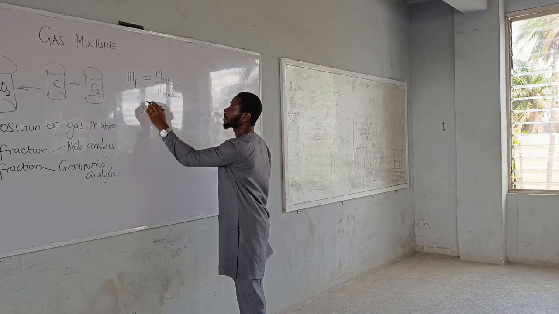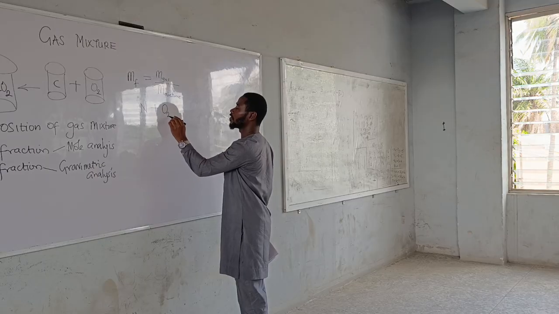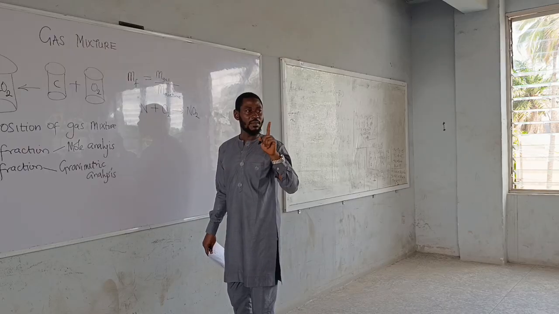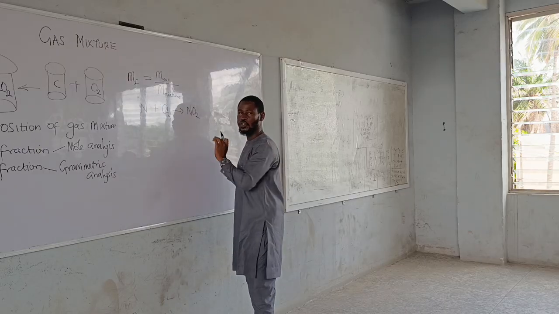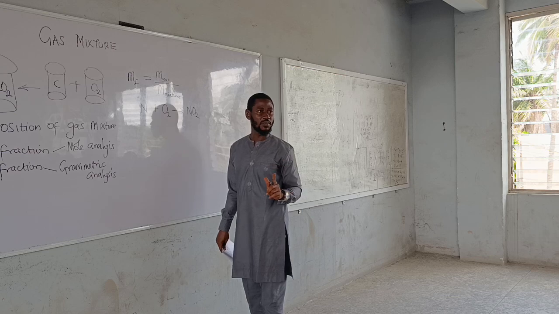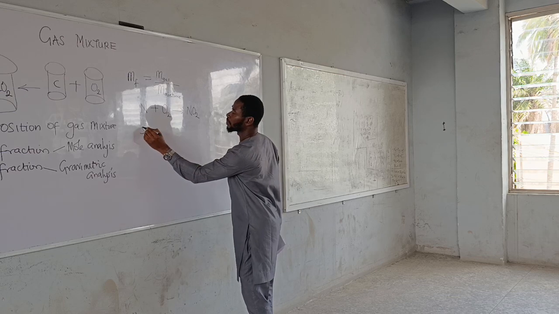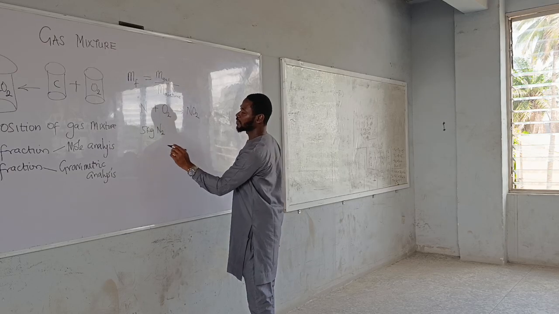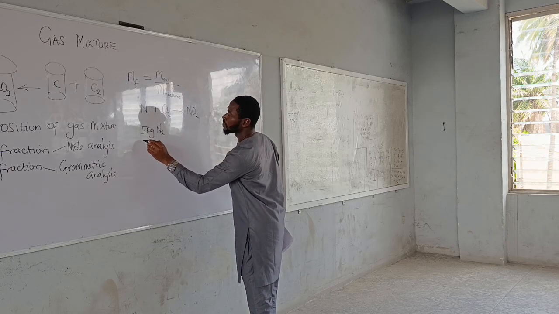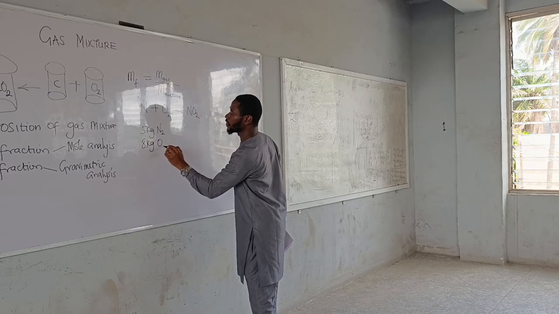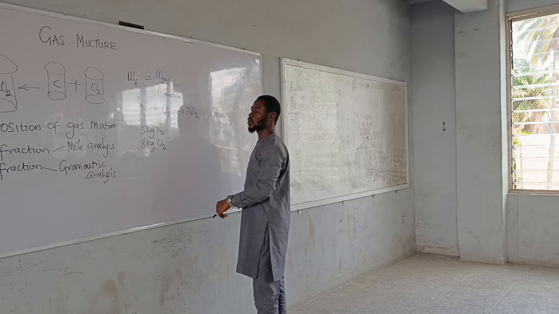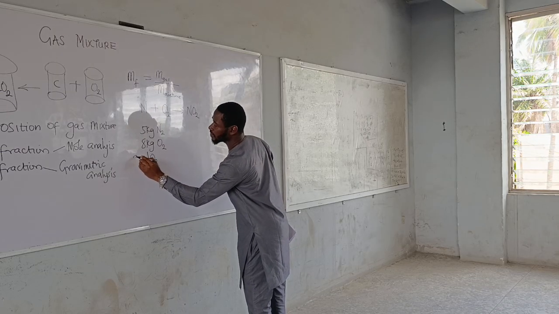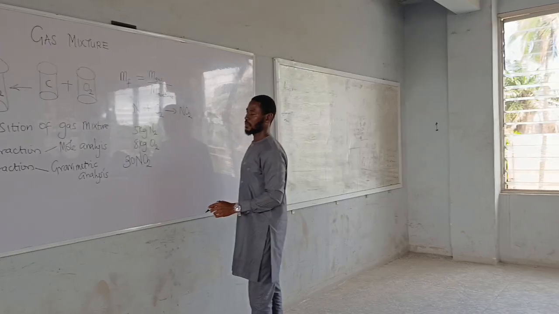Now, for nitrogen, we have nitrogen plus oxygen gives nitrogen 4 oxide. We want to determine the mass fraction of nitrogen in nitrogen 4 oxide. Let's say, for example, we have 5 kilograms of nitrogen and 8 kilograms of oxygen present in a mixture of NO2, which is around 30 kilograms.